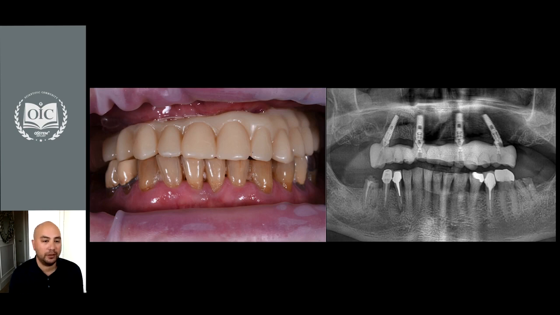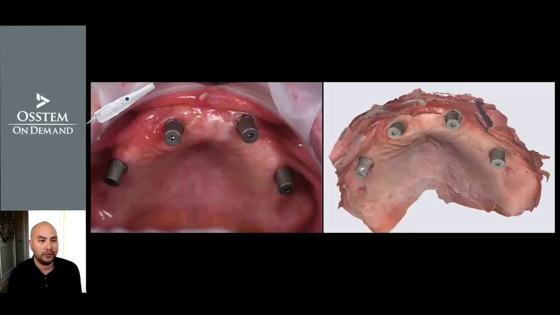Then an X-ray was taken to assess the fit at the multi-unit level, which reveals adequate fit. Three months after, the interim prosthesis is taken off, and we use intraoral scanning again to scan the tissue and the scan bodies.